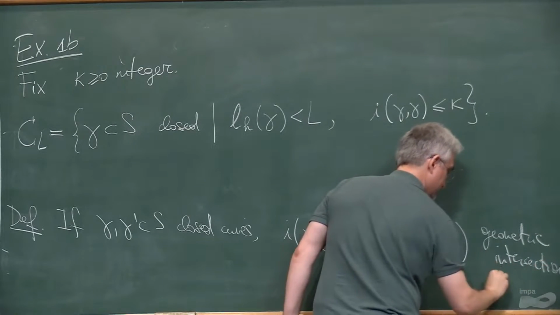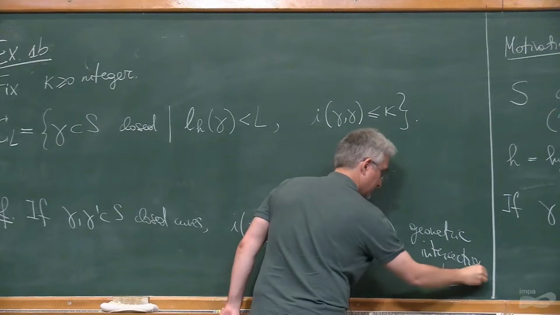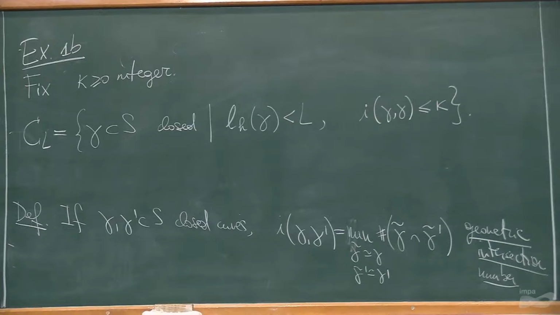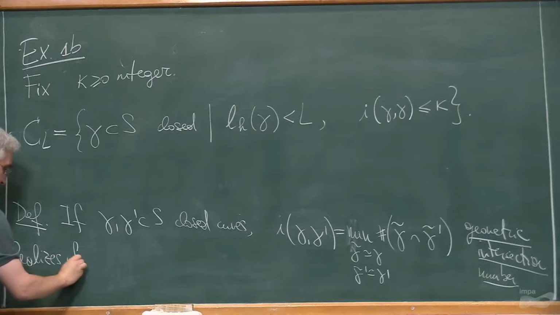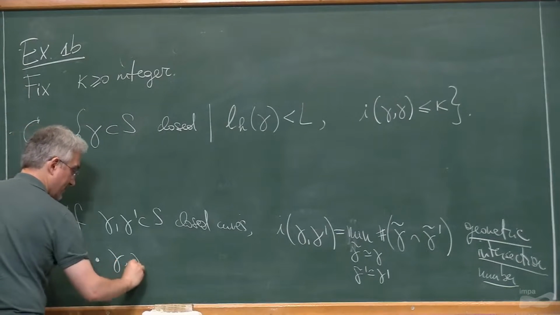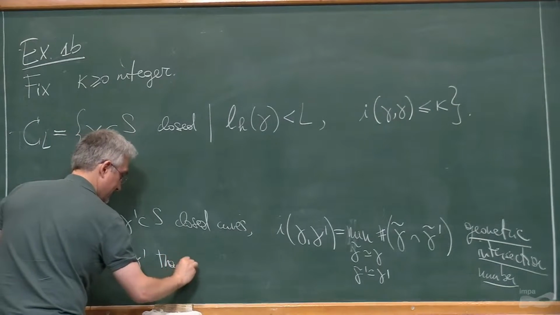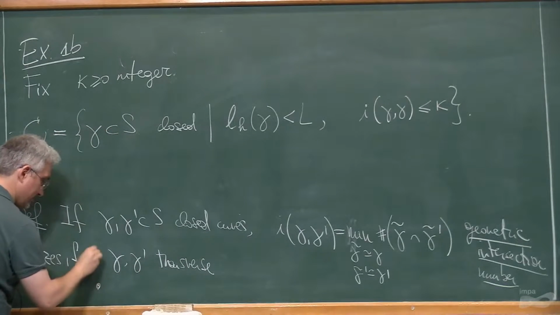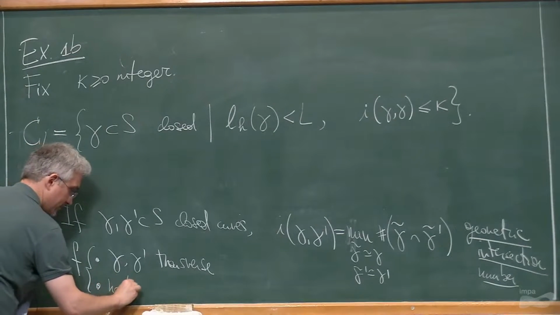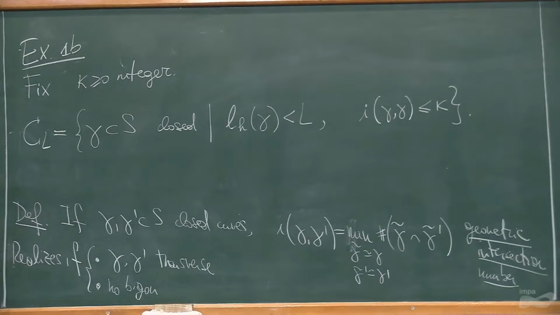And this is realized if, for example, two conditions occur. The first one is that gamma and gamma prime are transverse. And the second is that they form no bigon. What does no bigon mean?